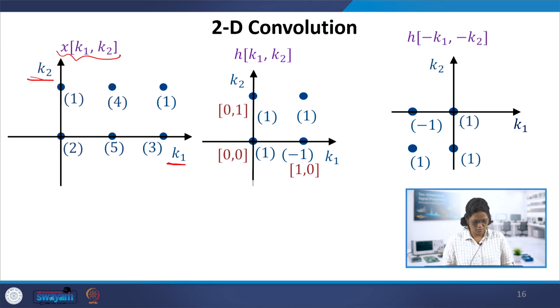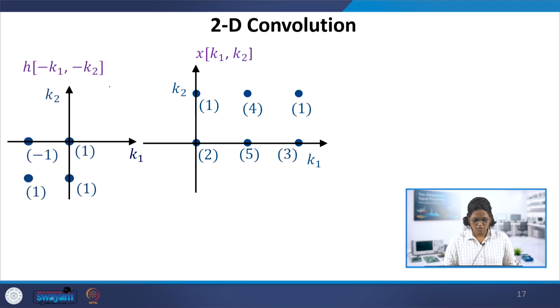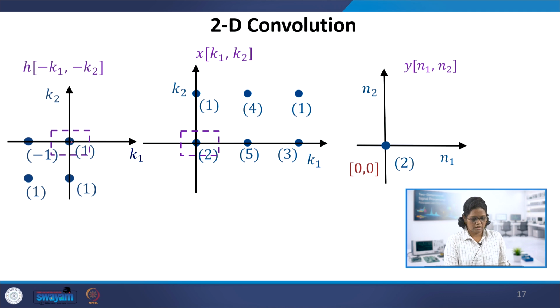So in the equation we have h of minus k1 and minus k2, and then the sequence x of k1, k2. Let's see how we compute the value y of n1 comma n2. The first is h of minus k1 and minus k2, the mirror imaged h of k, and the sequence x is kept as such.